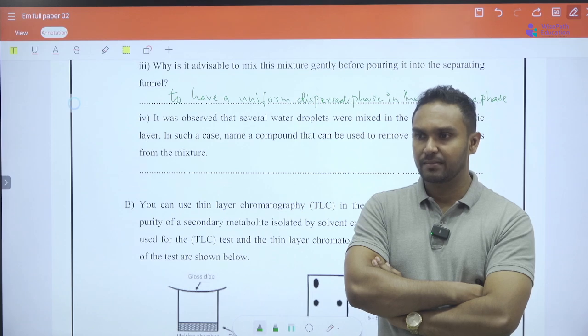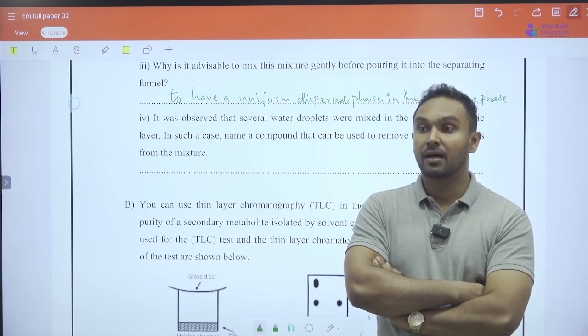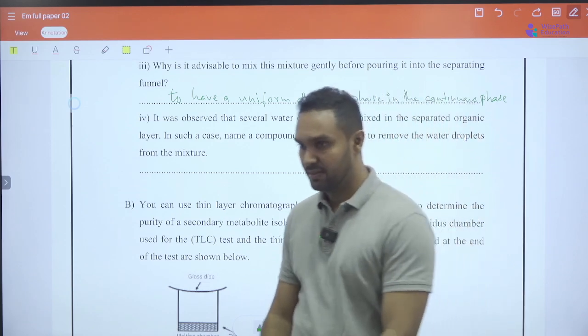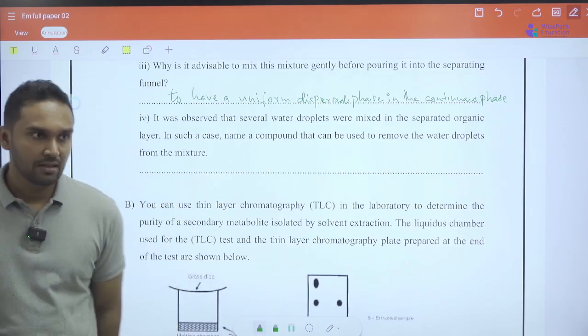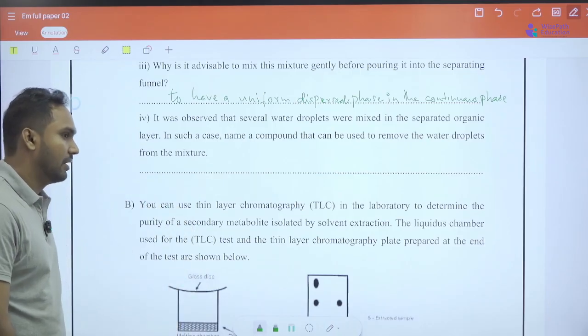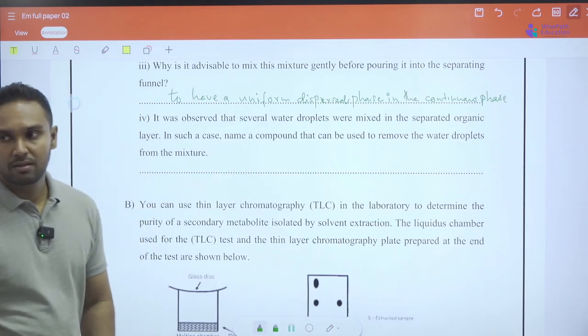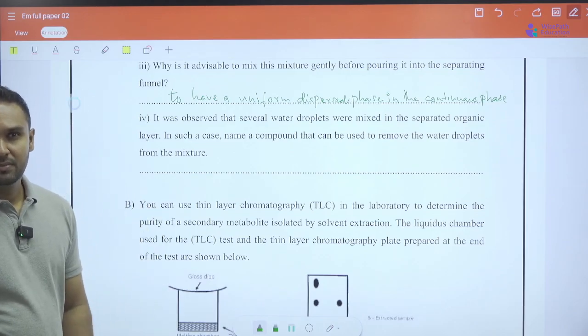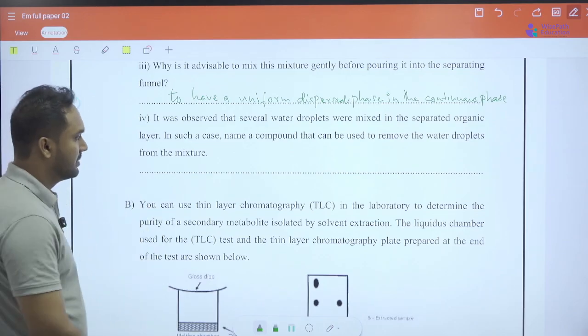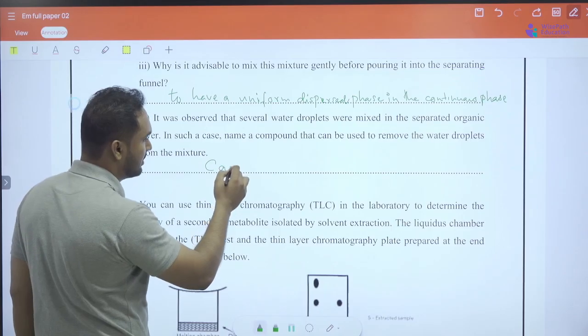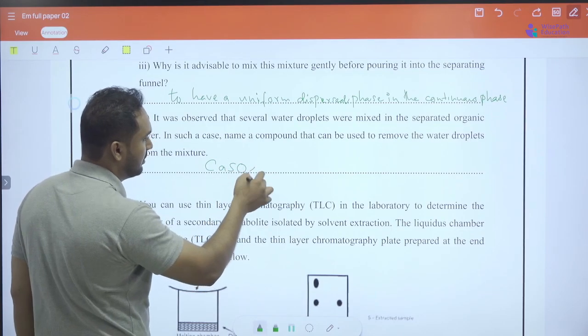Potassium carbonate. Calcium sulfate. Yeah, the calcium sulfate. Calcium sulfate is used, so it was there in the biodiesel production. And just magnesium sulfate. Calcium sulfate was there, I can remember something like that. Calcium sulfate, CaSO4.